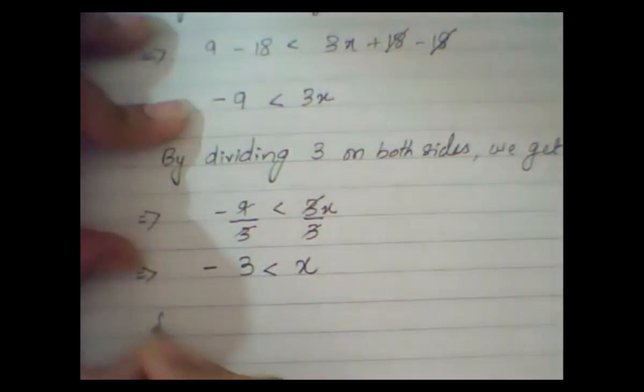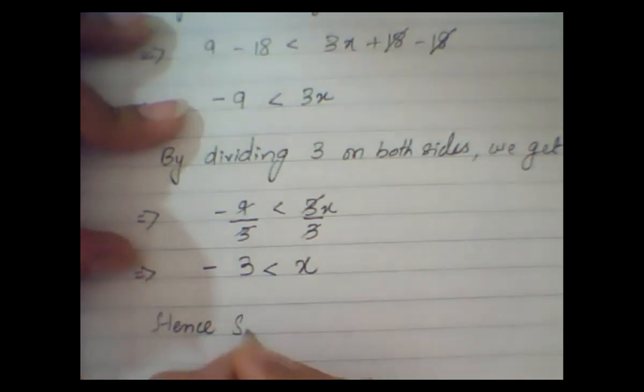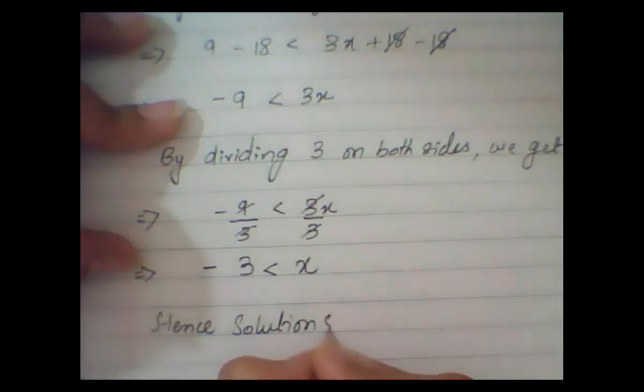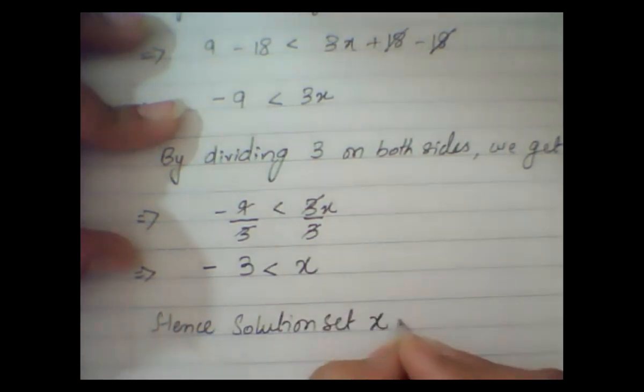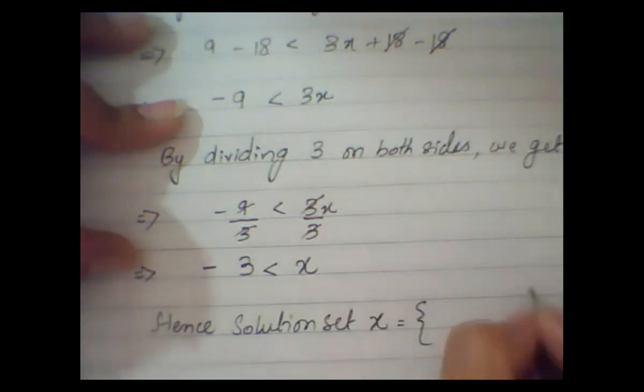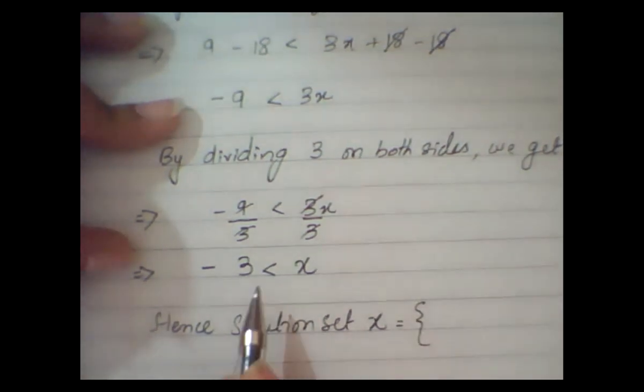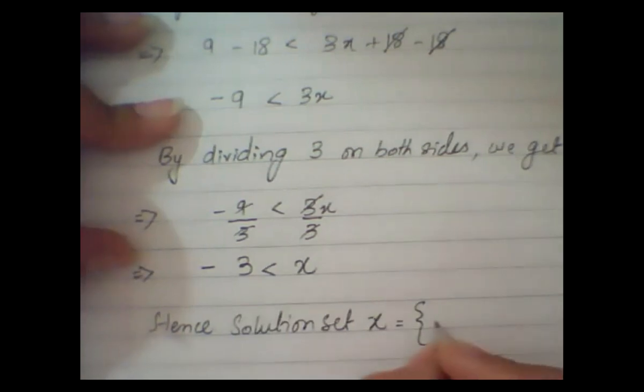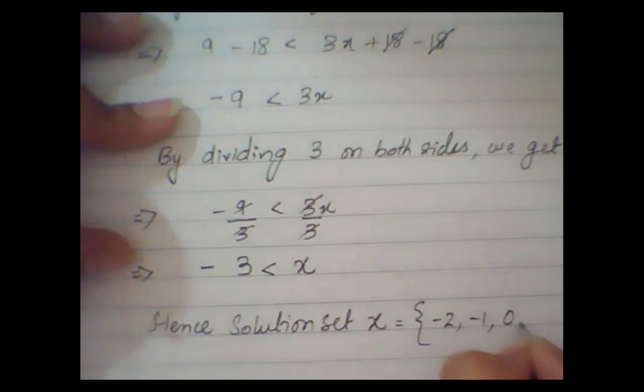So hence solution set x is equal to curly bracket open. X is greater than minus 3 means minus 2, minus 1, 0 and so on.